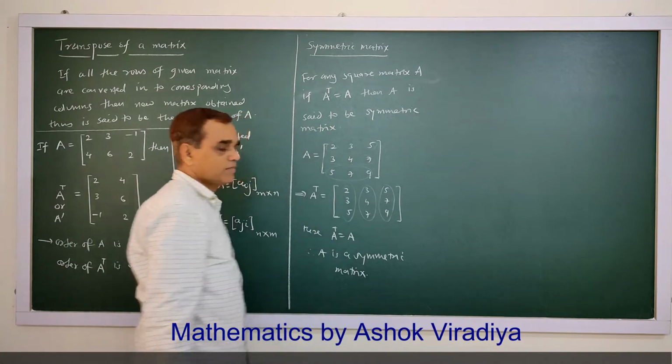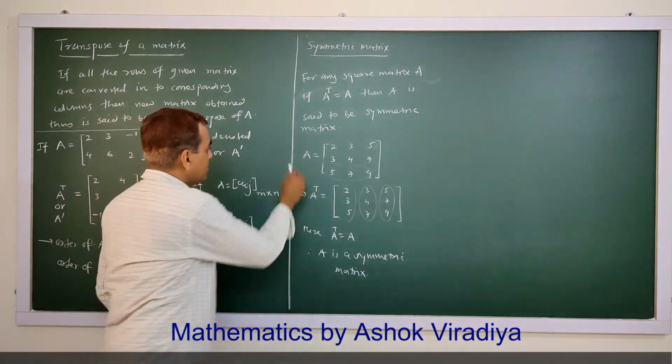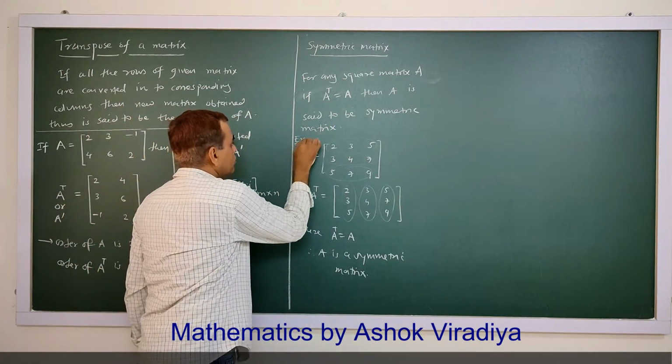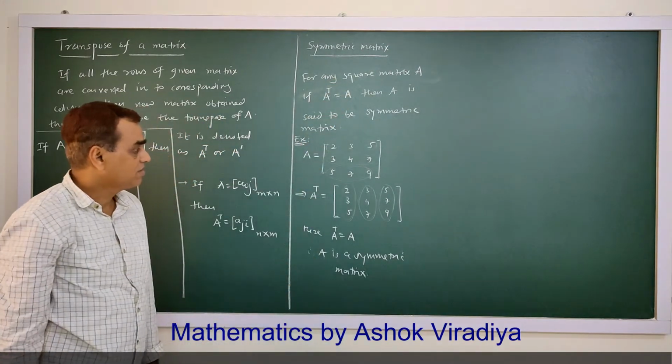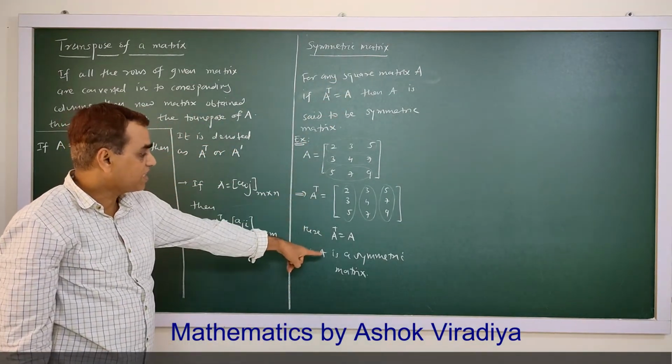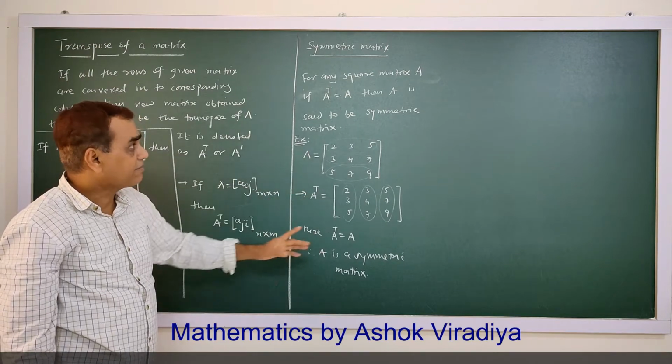And this is an example. A and A transpose are the same, so this is a symmetric matrix.